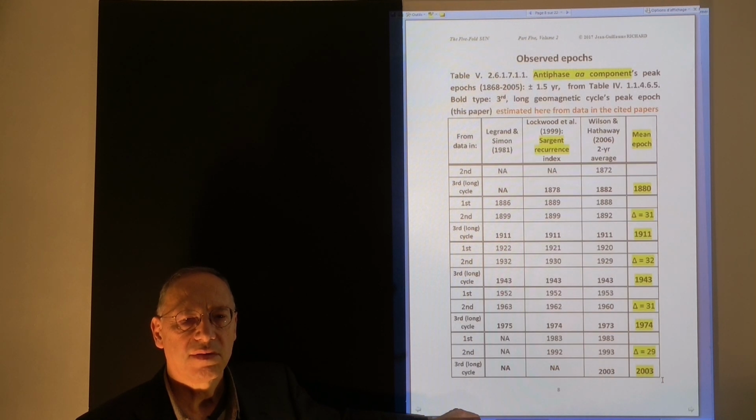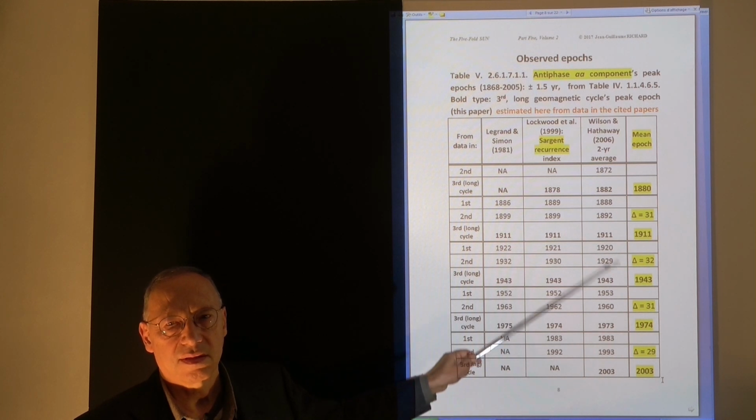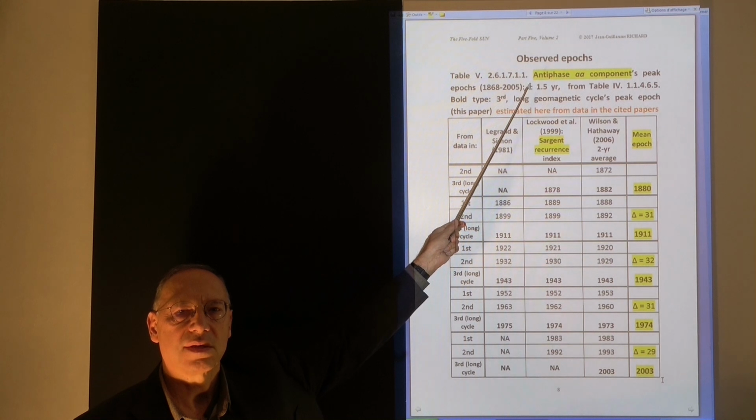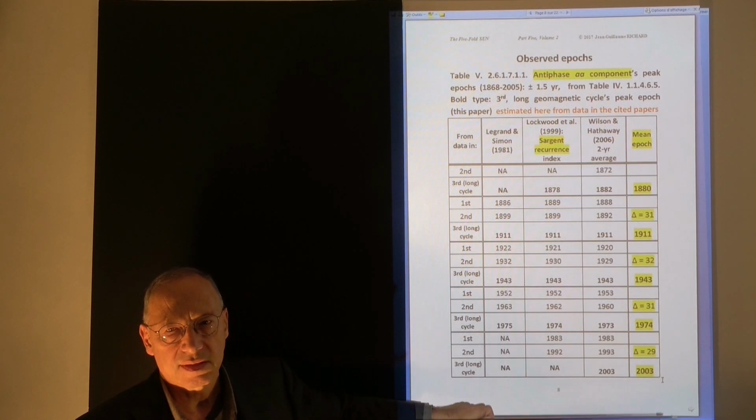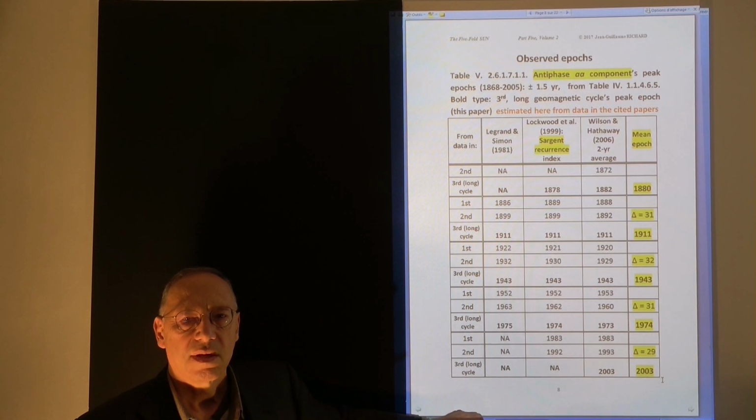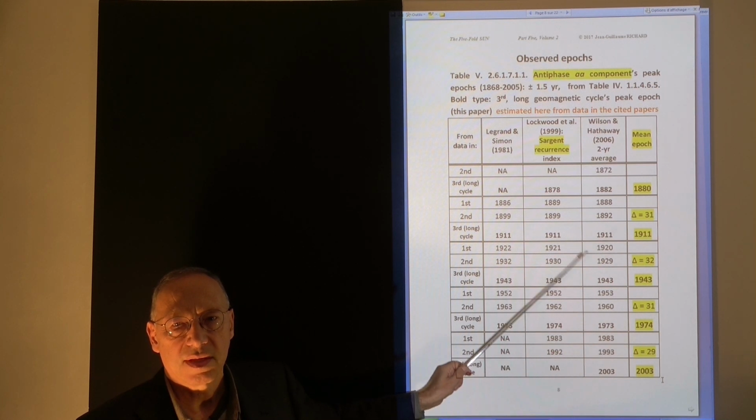Now we also have in this case the robust basis of observed estimated epochs for the extrema in this cycle. This is where we base the estimates on the antiphase AA component, the peak epochs of the antiphase component in the AA index.